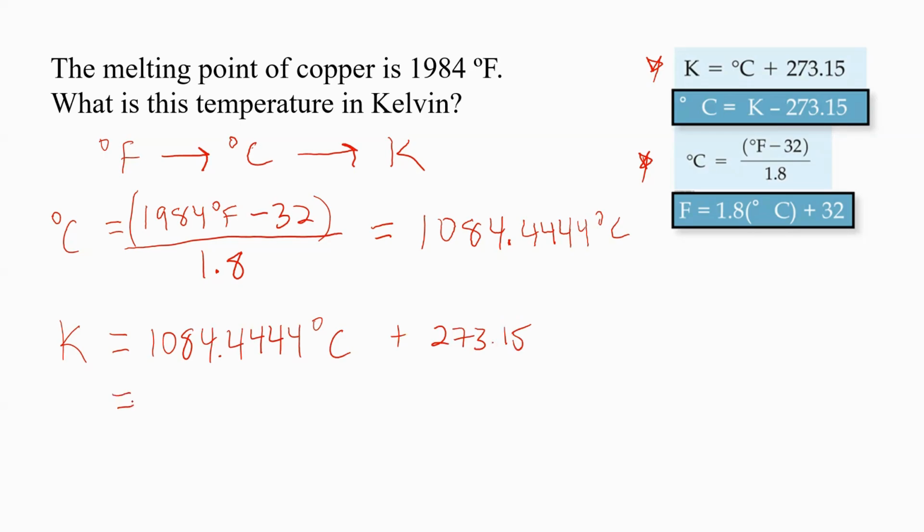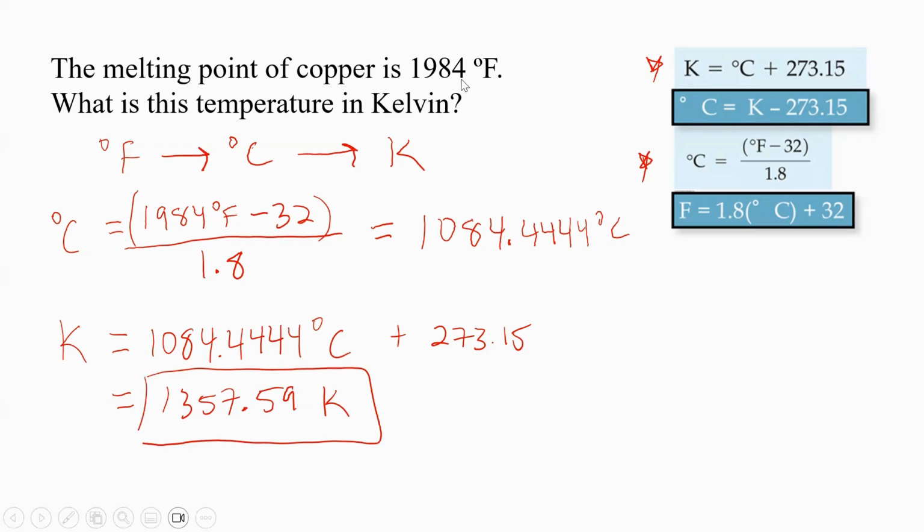We do the addition, and we should get 1,357.59 Kelvin. Awesome. So this is how you would convert Fahrenheit to Kelvin.